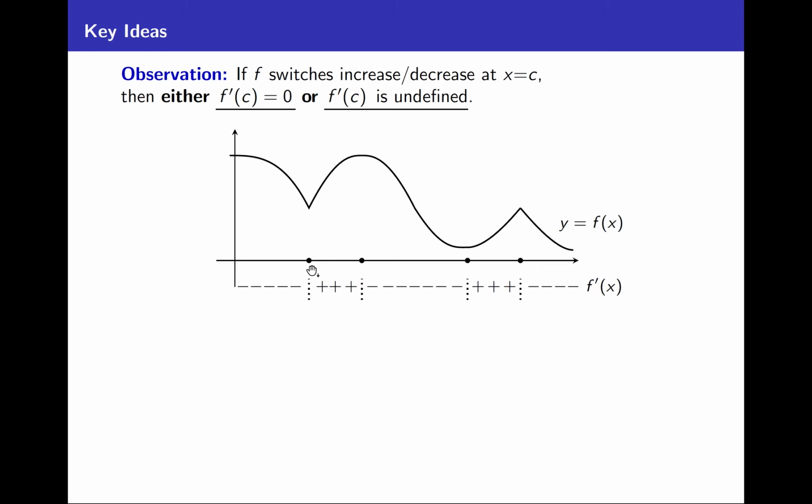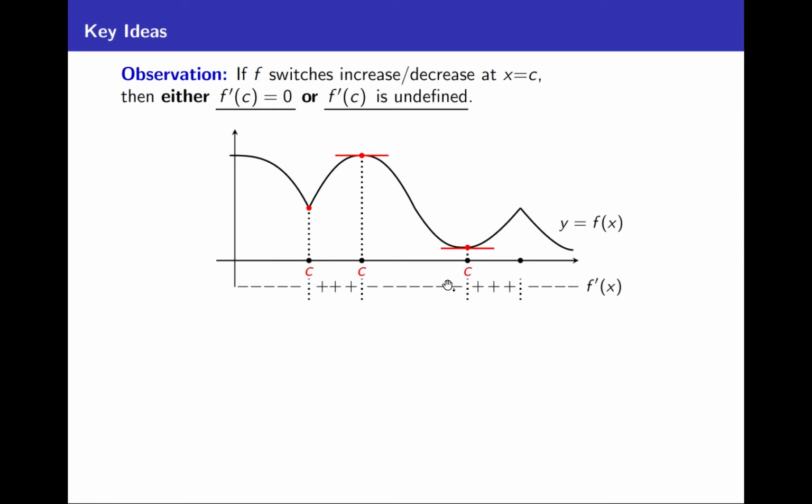So for instance, right here at this point, c, where we change from decreasing to increasing, that happens at a cusp down at the bottom of that valley. F prime of c is not defined. And for this point, where we change from increasing to decreasing, right there at that c, f prime of c equals 0.